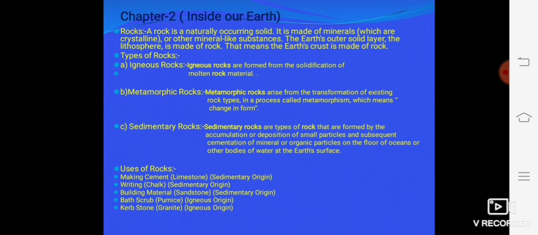This process causes clastic sediments, pieces of rocks or organic particles, to settle and accumulate, or for minerals to chemically precipitate from a solution. The particulate matter then undergoes compaction and cementation at moderate temperature and pressure. It's called sedimentary rock. Next topic is uses of rocks.